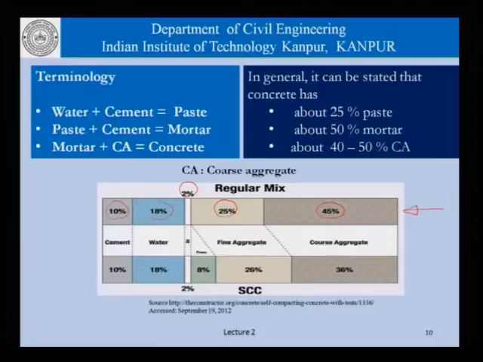So, that is the rough volumes of a regular mix, and that is pretty close to what we talked about last time. Now, if we convert the volumes of these individual elements to the definition which we had talked about in terms of paste, mortar and concrete, or the coarse aggregate, then it is about 25% paste, about 50% mortar, and the balance 50% is coarse aggregate.